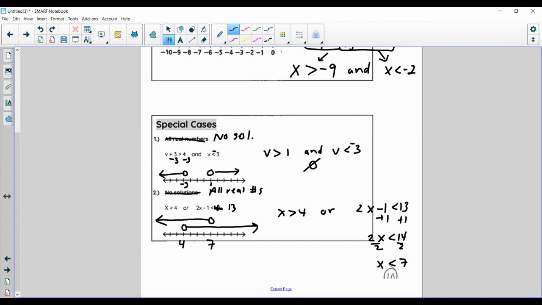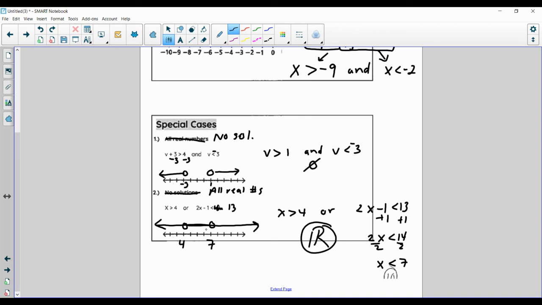So what you might notice with this graph is that these are overlapping in a way. This circle overlaps here. This line overlaps here. Every single number falls on this number line. If you're greater than 4 or less than 7, that's any number possible, all real numbers.